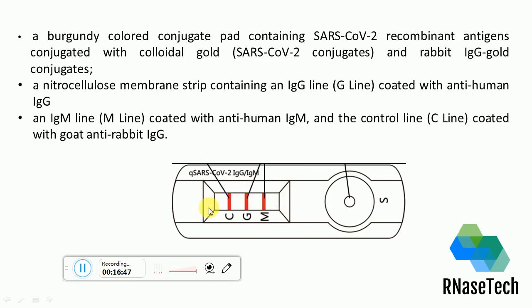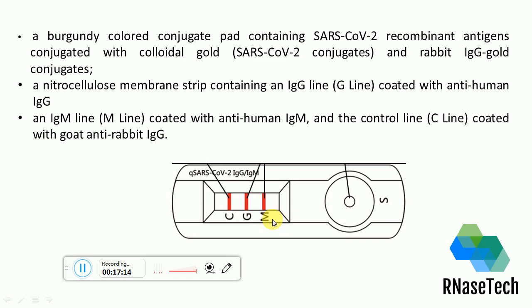If a person has a virus infection, certain antibodies will be synthesized in response. If the person has synthesized IgG antibody, those antibodies will bind to the anti-human IgG line, and if the person has synthesized IgM, those antibodies will bind to anti-human IgM.